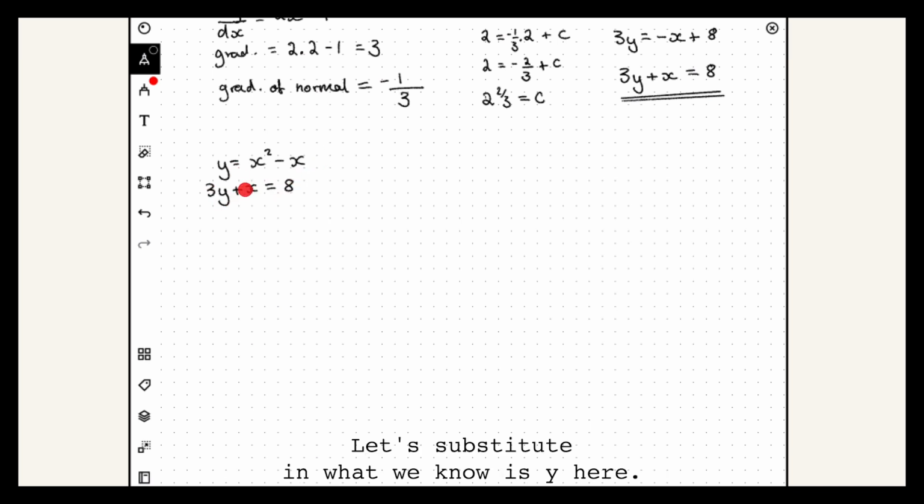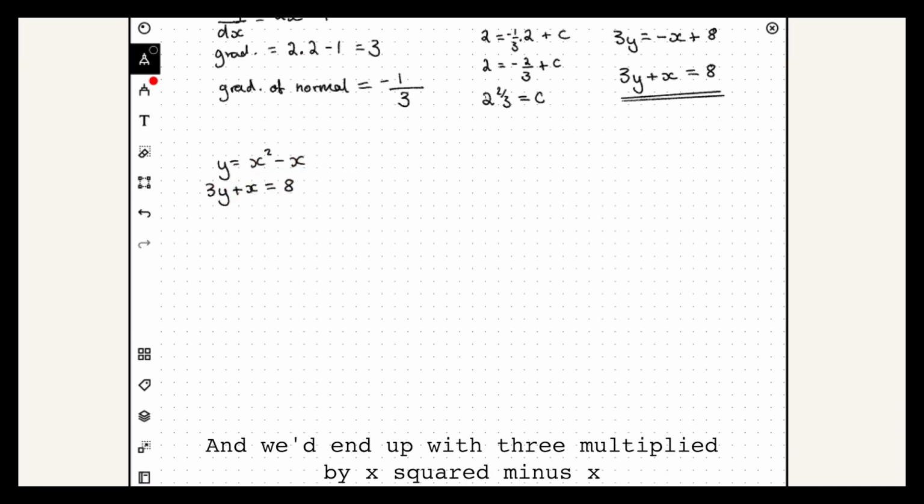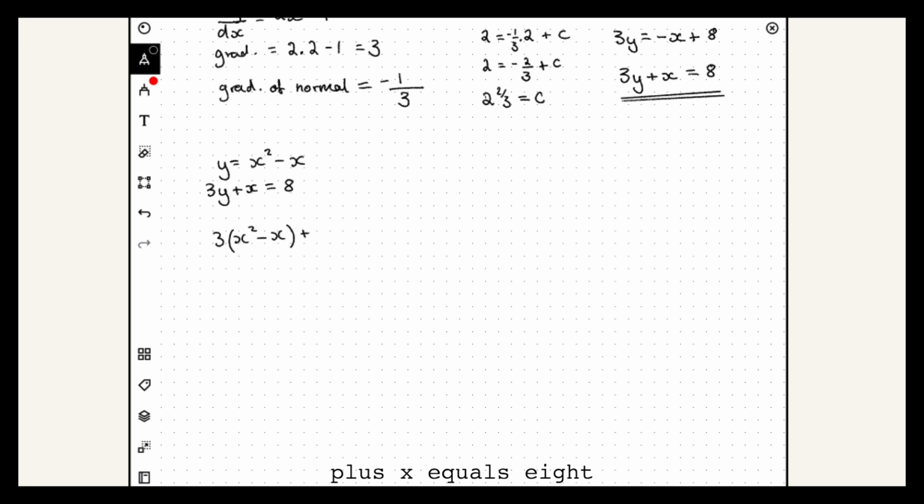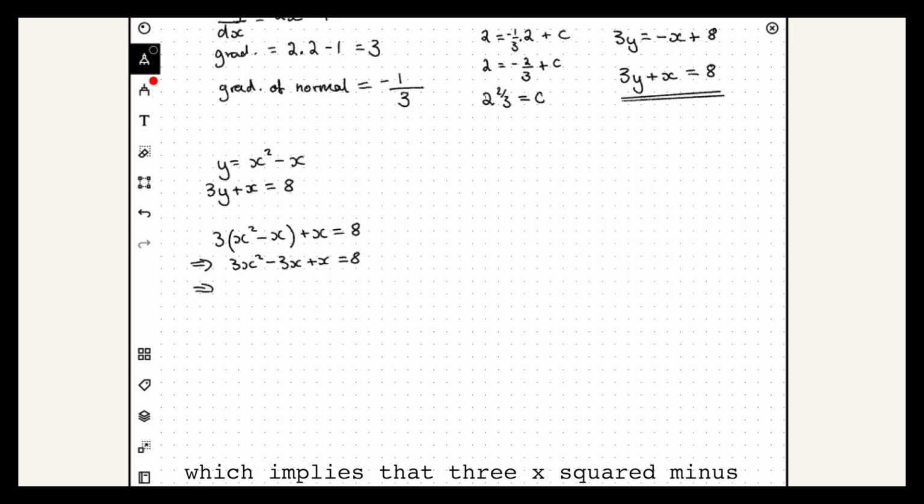Let's substitute in what we know as y here, and we'd end up with 3 multiplied by x squared minus x, plus x equals 8, which implies that 3x squared minus 3x plus x equals 8, which implies that 3x squared minus 2x minus 8 equals 0.